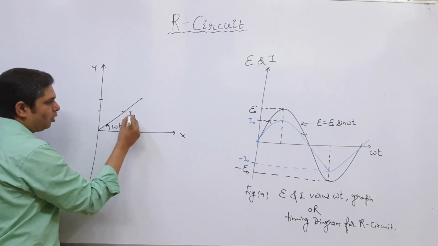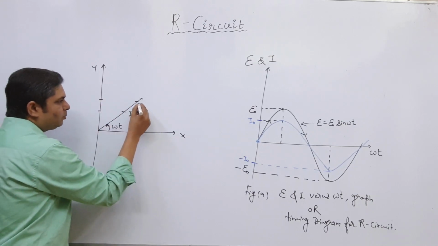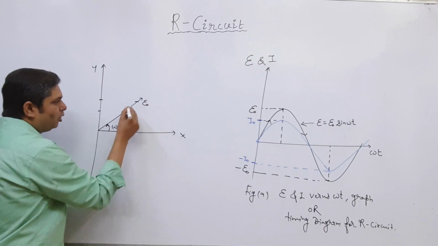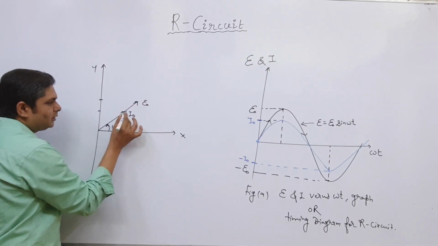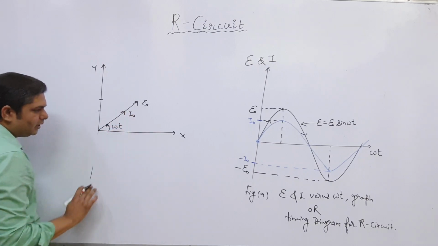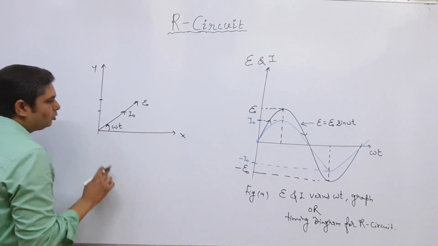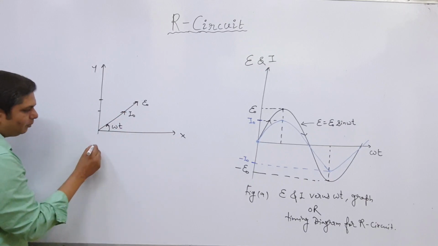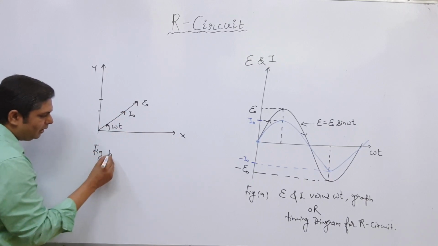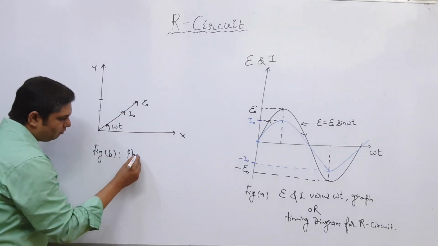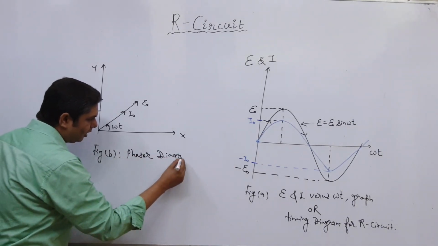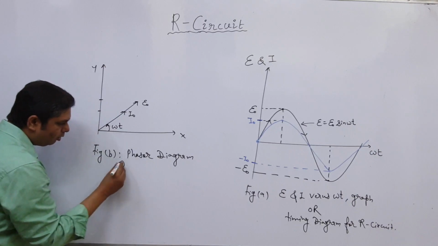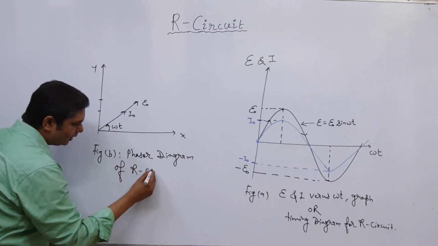This is said to be I naught, and let us join this to this point. This is said to be E naught. So this is E naught and this is I naught versus omega t. This is said to be the phasor diagram. This is said to be figure B, phasor diagram of R circuit.